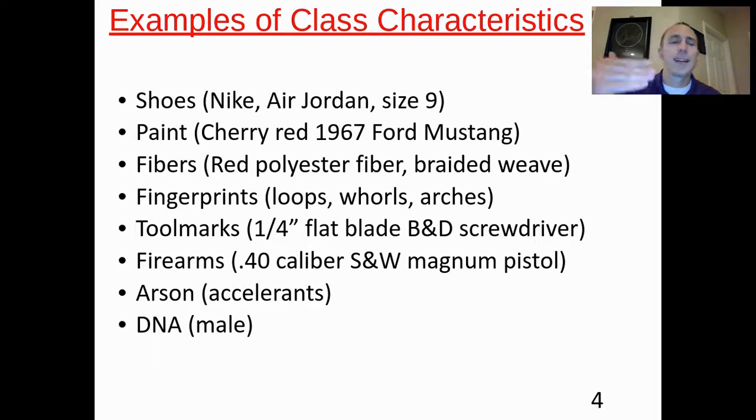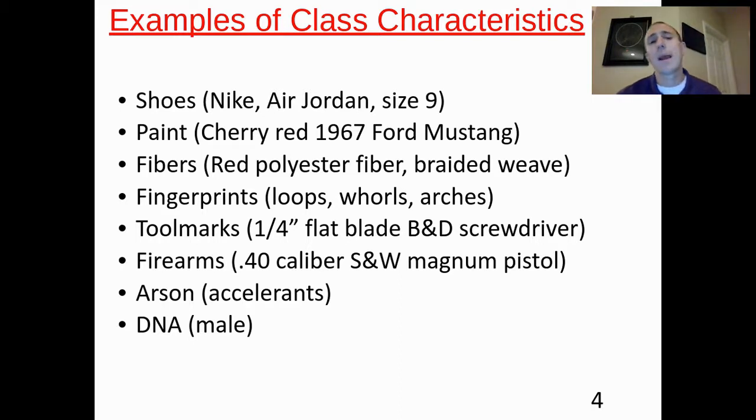So let's say that it was a Nike Air Jordan and we know it was a size 9. We don't know which Nike Air Jordan it is because there's a lot of people who most likely have that particular type of shoe. But we have still narrowed our pool down to people who have that particular type of shoe. Not one specific shoe, but a group of people who have that shoe.